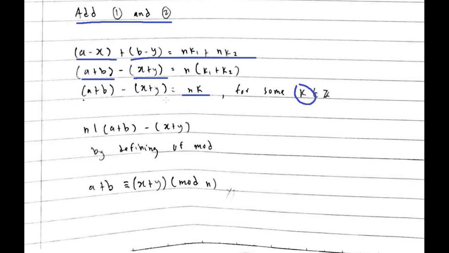So from this equation above, we can write a new equation, which is n divides a plus b minus x plus y. So by definition of mod, we get the equation a plus b congruent to x plus y mod n.